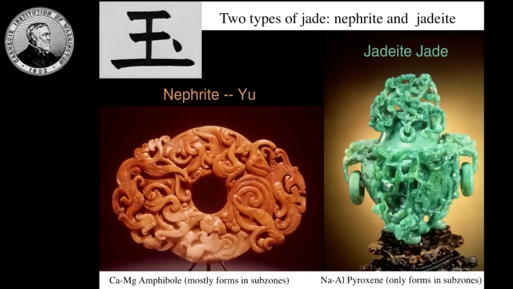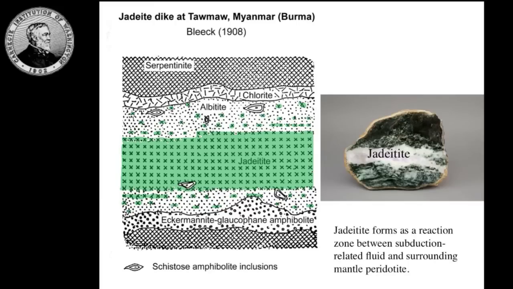The jadeite, as far as we can tell, is only formed in subduction zones. It's a sodium aluminum pyroxene, and it is the beautiful gemstone of subduction zones. These occur as dikes, and it's some kind of a reaction between the fluids coming off the subducted slab and the overlying mantle peridotites, here shown by the serpentinites.